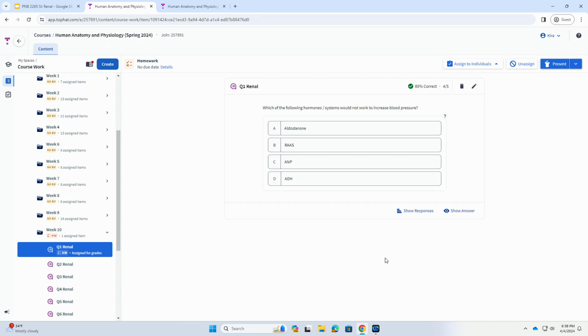Okay, so most of you have answered. This is just referring to what we just talked about. These three hormones are released to increase blood pressure: aldosterone, ADH, and then the RAS system. ANP is released to decrease blood pressure. There you go. All got it.